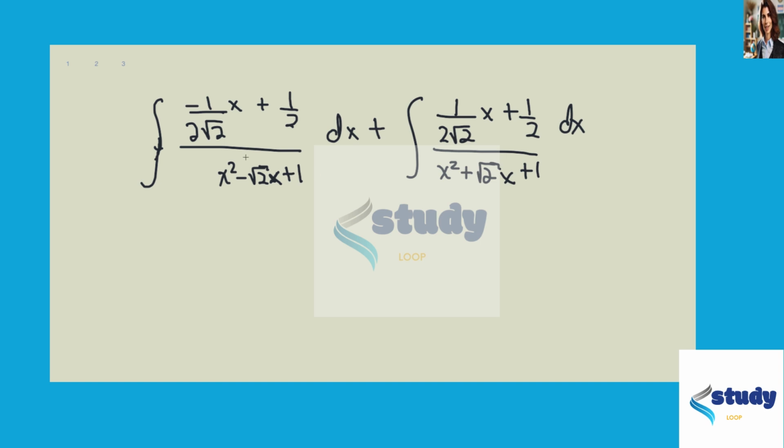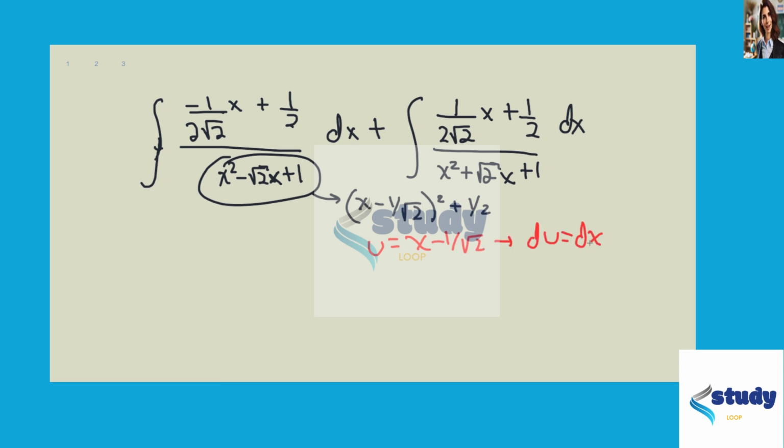Now we could take this denominator and complete the square. So let's replace both the denominators with this. After this point, we could do a u sub. So du equals dx, and we could also write x equals u plus 1 over root 2.